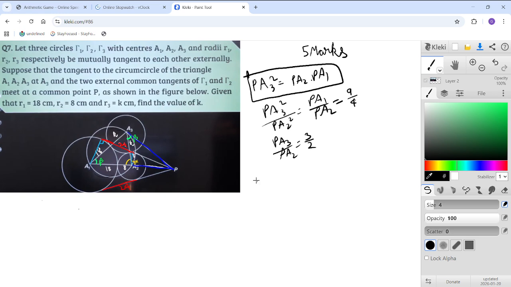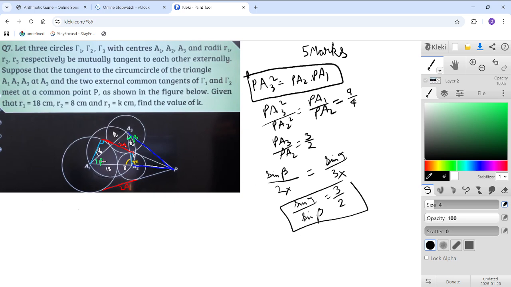So you can say that this length, which is A2, which is 2x, so sine beta by 2x is equal to sine alpha by 3x, or sine alpha by sine beta is 3 by 2.